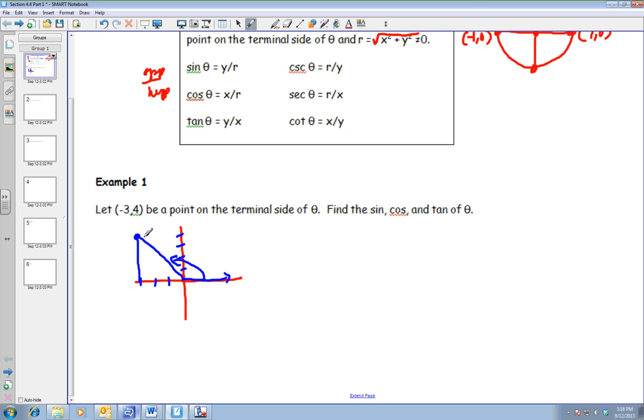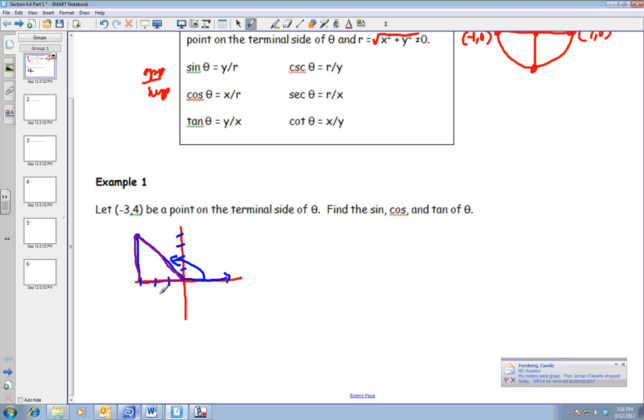And I'm going to go all the way to -3, 4. This is the terminal side of my angle that I just drew. And from that angle, I'm going to make a triangle out of it. So now my new triangle, you already see it, is this right triangle.